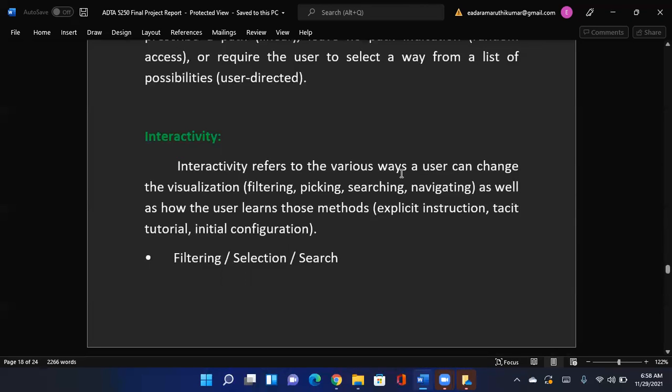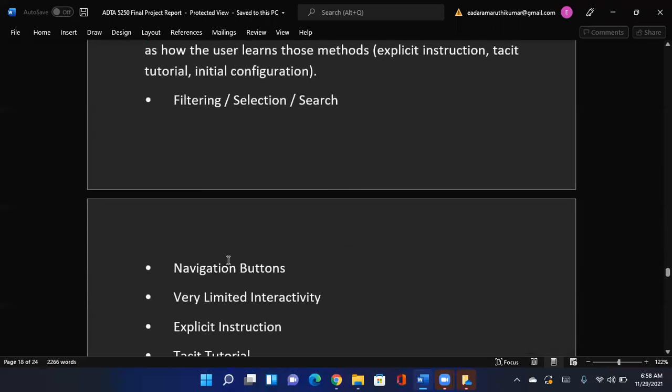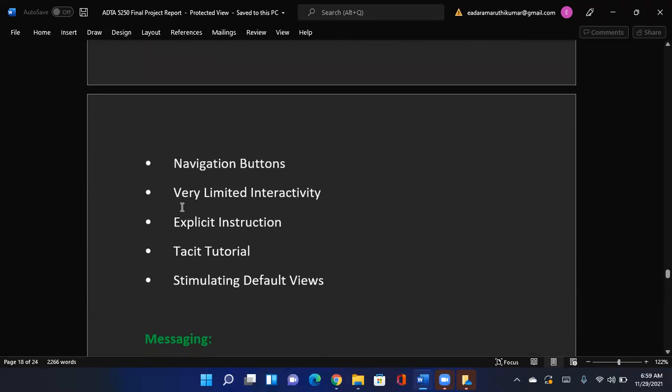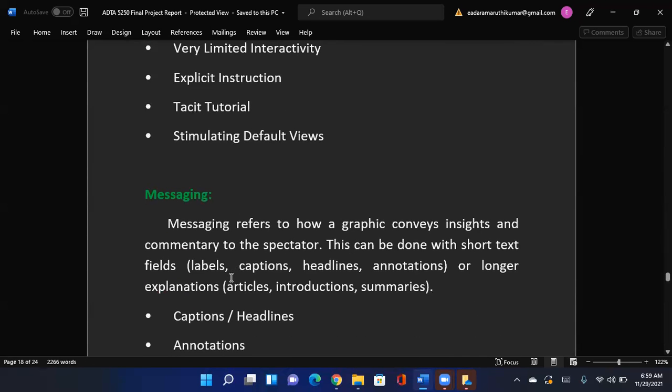Interactivity refers to the various ways a user can change the visualization, like picking, searching, navigating, and filtering, as well as how the user learns those methods: explicit instruction, initial configuration, and tacit tutorial. Here we will use filtering, selection, search, navigation, and buttons, with very limited interactivity.